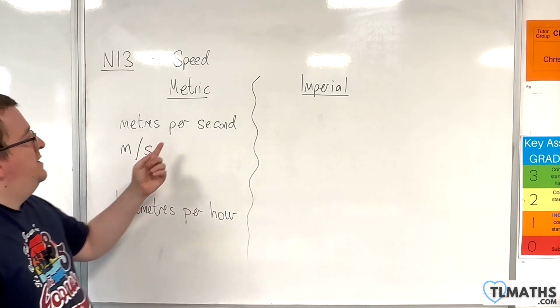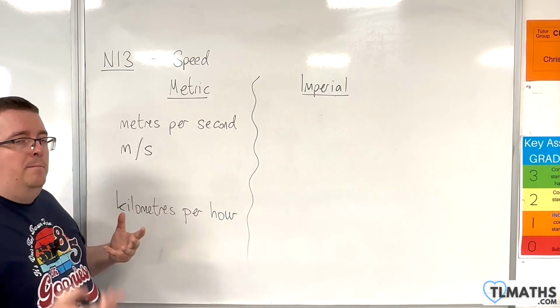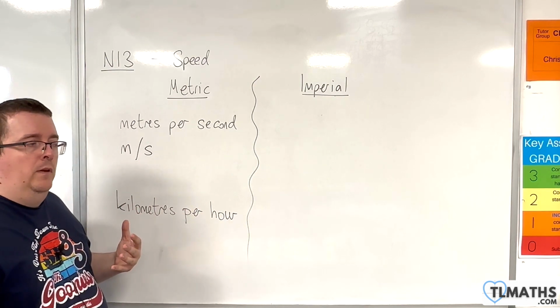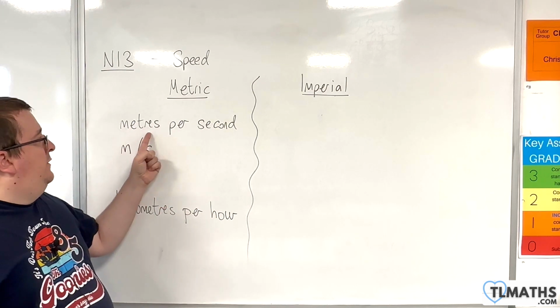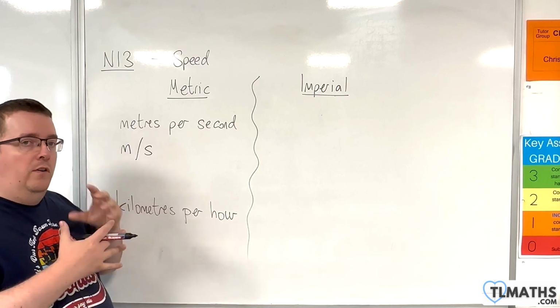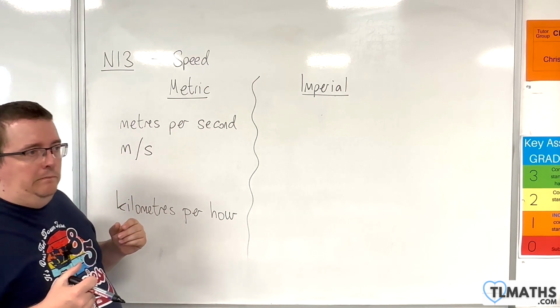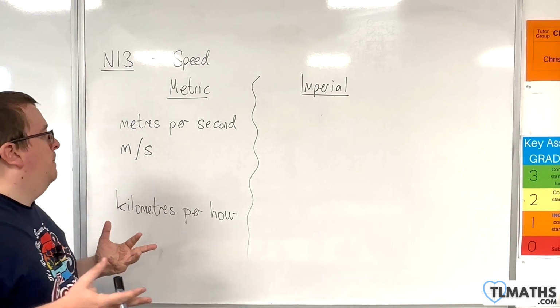Because remember that per, in the idea that we say percent, means divide by 100, so out of 100. So it's meters divided by seconds. How many meters you've gone in how many seconds.